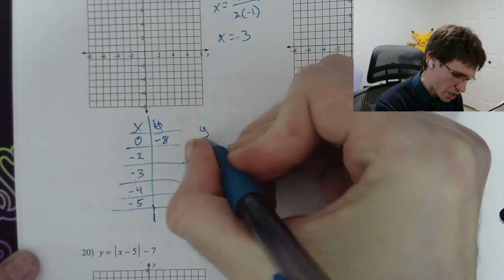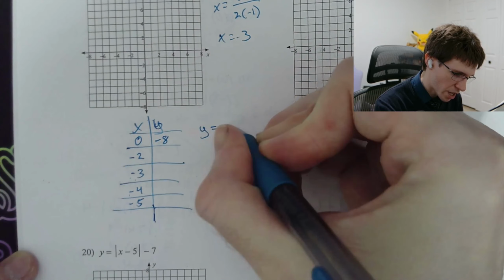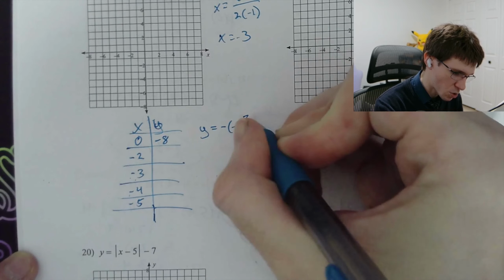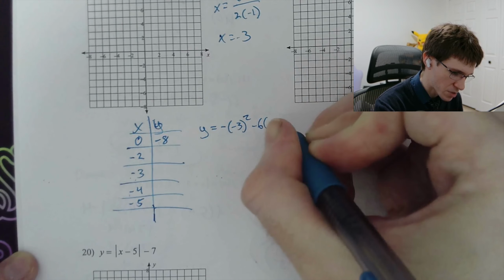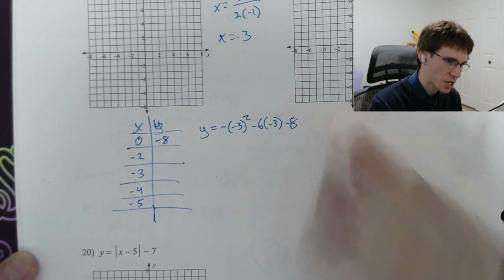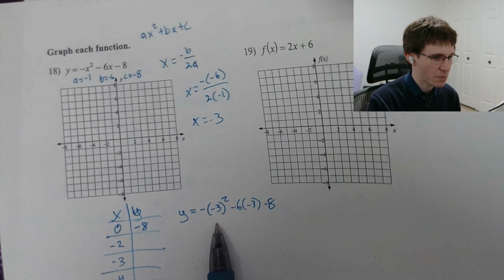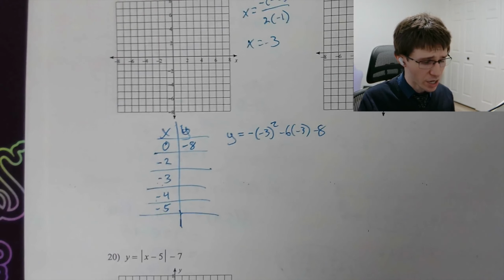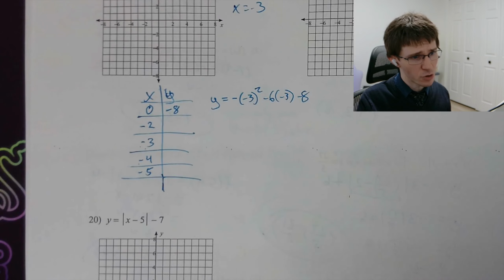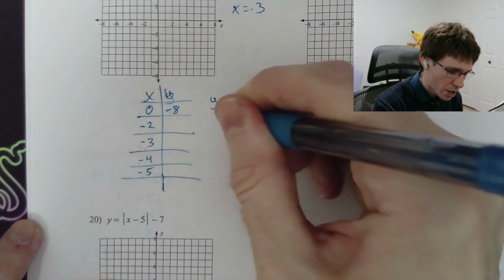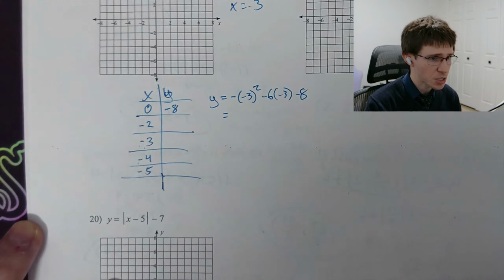To figure it out for -3, you're doing y is equal to negative of -3 squared minus 6 times -3 minus 8. You are replacing these x's up here. You are making them -3s. Then, just like that previous page of evaluating functions, you are using your calculator as is appropriate.